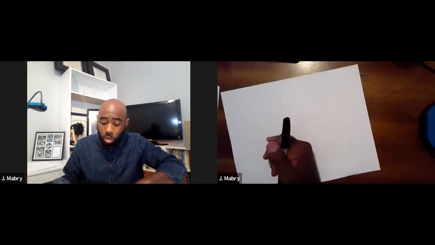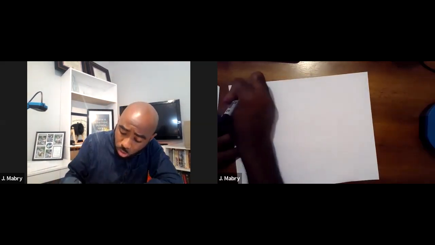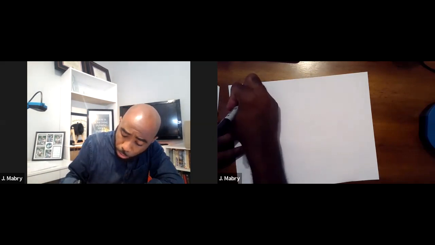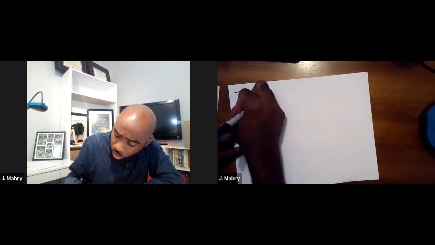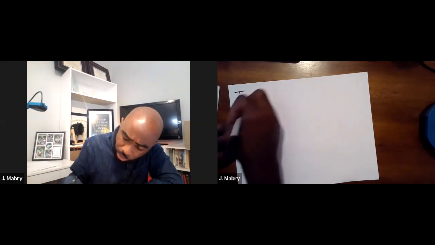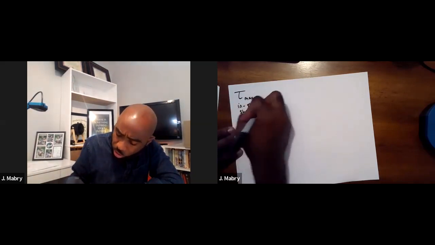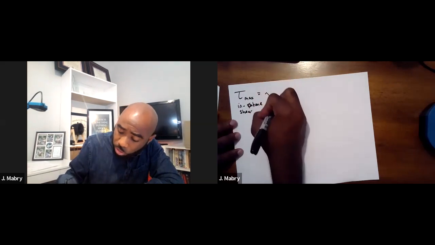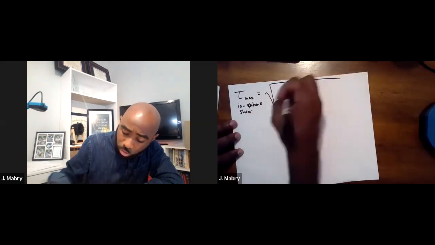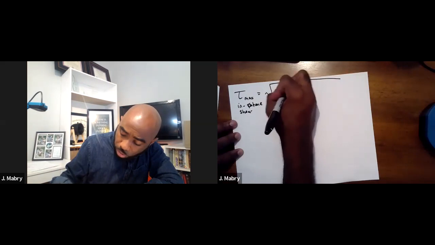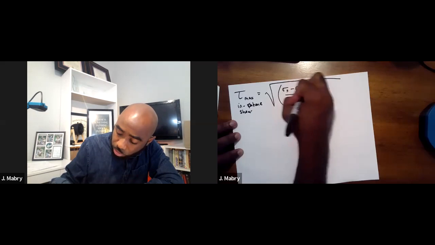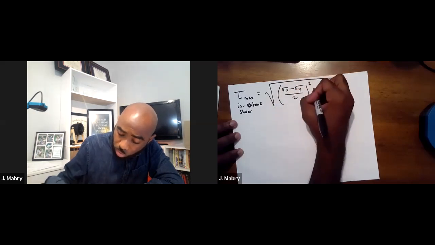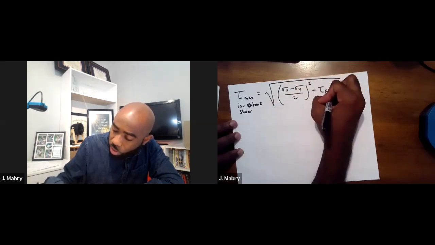But here's something we can always count on. If we want to know our maximum tau, in other words our maximum in-plane shear, that's going to be equal to the square root of the quantity sigma sub x minus sigma sub y over 2, squared, plus tau xy squared.